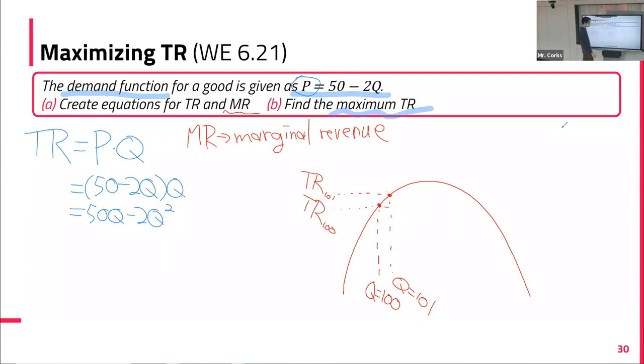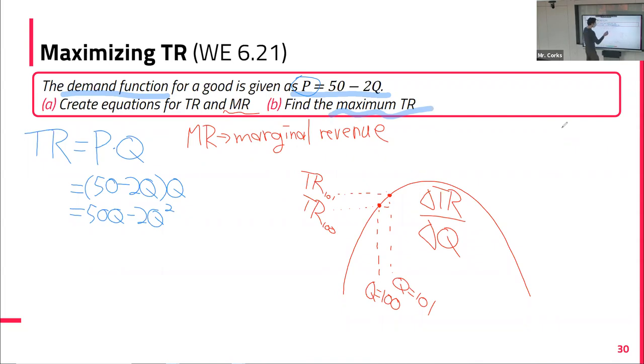If we say that our Q here, it's the kind of change in Q. And then we're asking, what's the change in total revenue? Does that kind of look familiar? Slope.